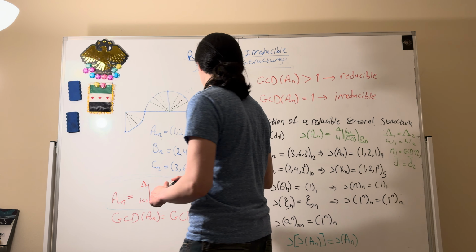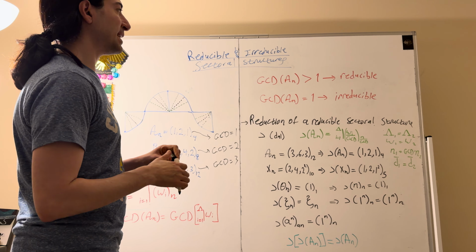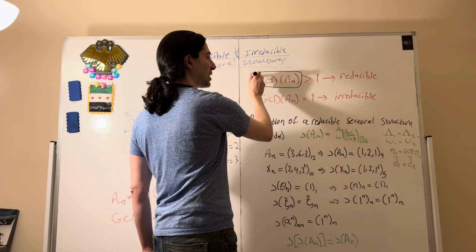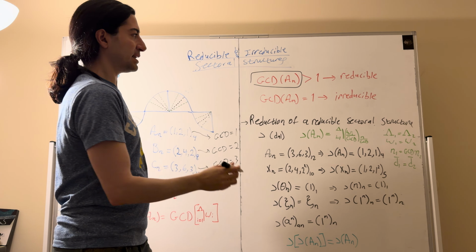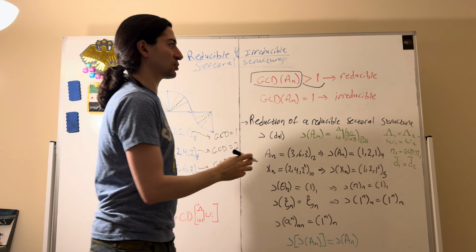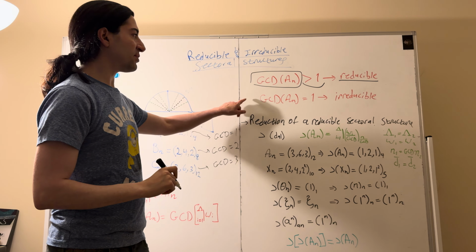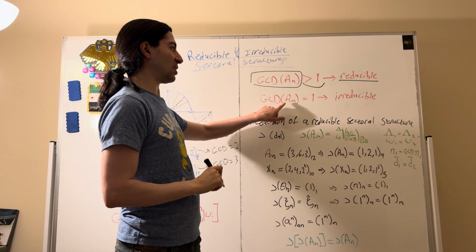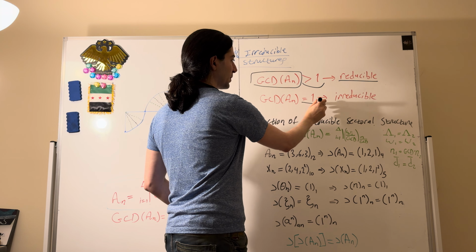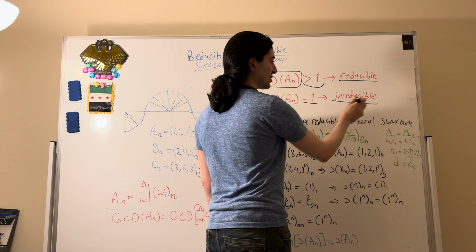Now this will lead us to our next set of definitions. We will say that if the greatest common divisor of a sectoral structure A_N is greater than 1, this sectoral structure is reducible. If the greatest common divisor of a sectoral structure A_N is equal to 1, we will say that this sectoral structure is irreducible.